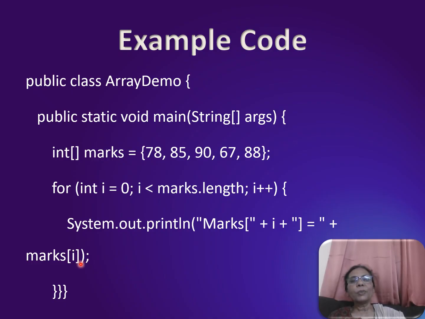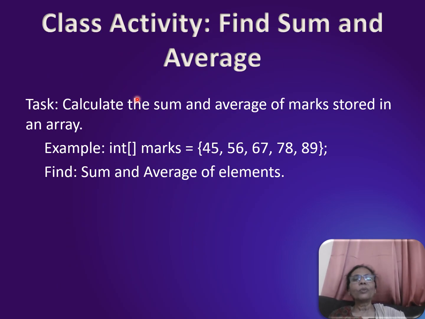If you run this program, it will show these marks as marks of 0, 78, marks of 1, 85, marks of 2, 90, marks of 3, 67 and marks of 4, 88. So this is how it will show you the array. Now these two codes we will be practicing in our next class.